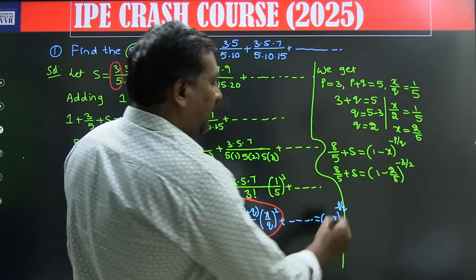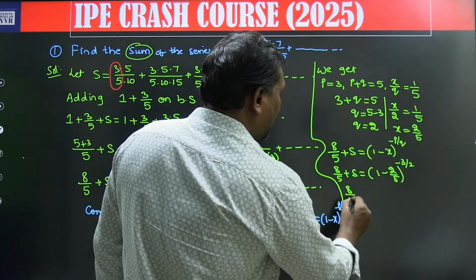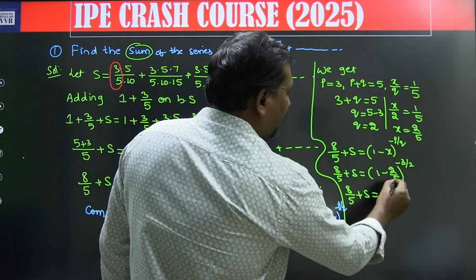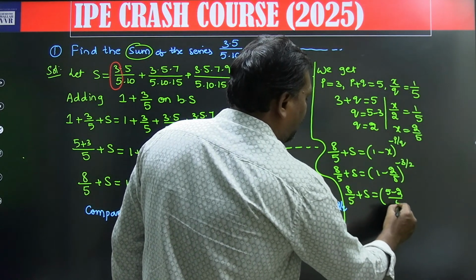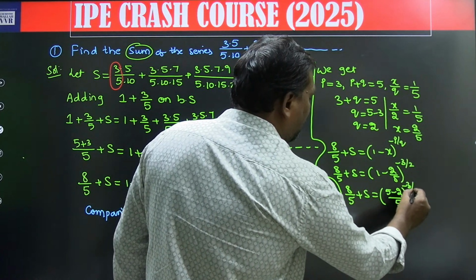So this value: 8/5 + s = again, 5 is the LCM, (5 - 2)/5 whole to the power of -3/2.